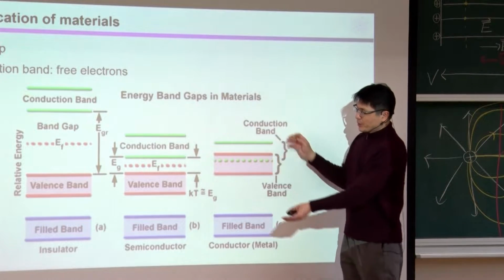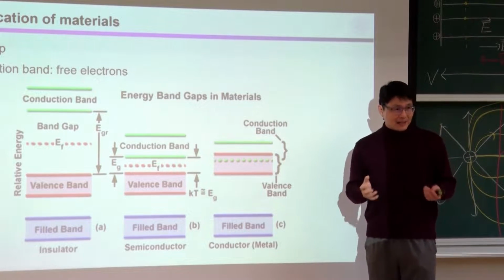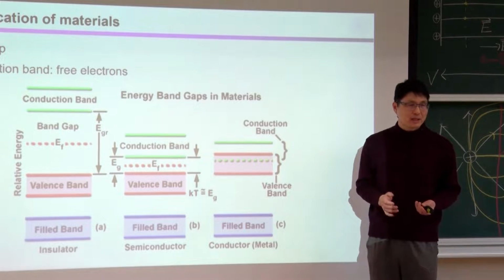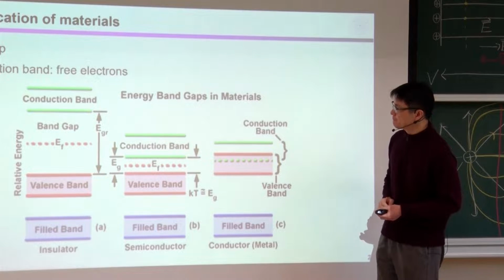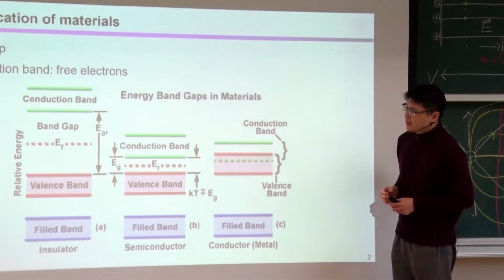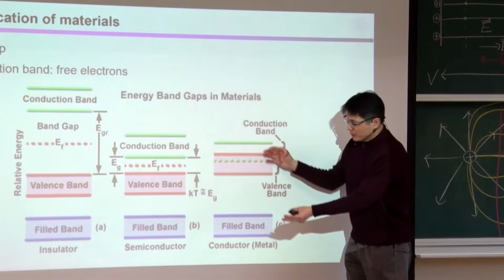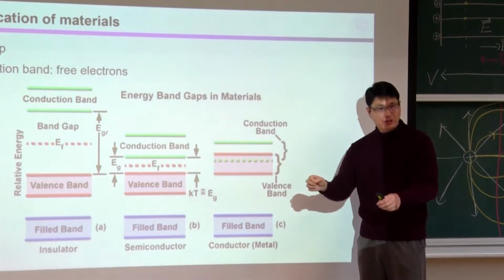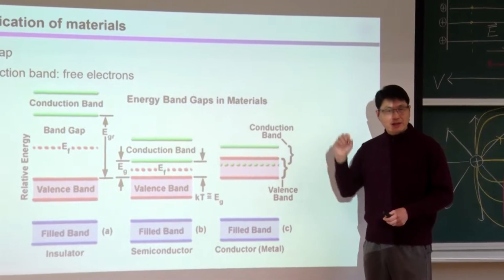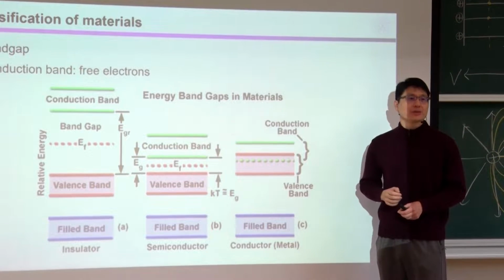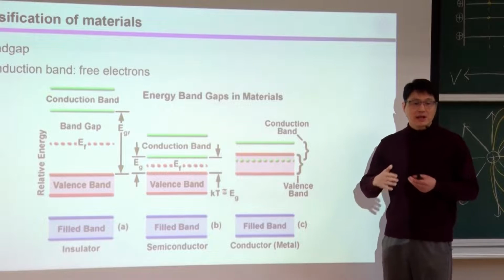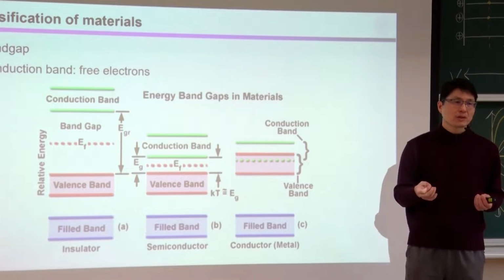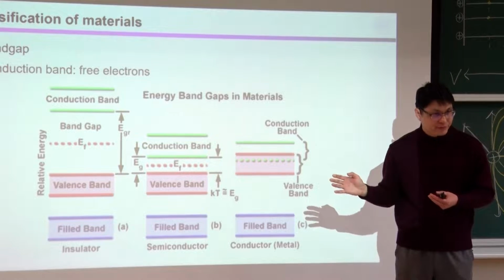Well, we know materials are comprised of a lot of atoms, and atoms have electrons, protons, and neutrons, right? So somehow, if I can have a material and I add potential difference, and then I can have conducting current, that means I have a lot of electrons inside this material which can move.